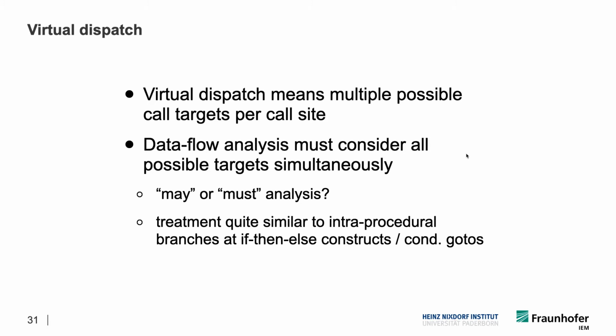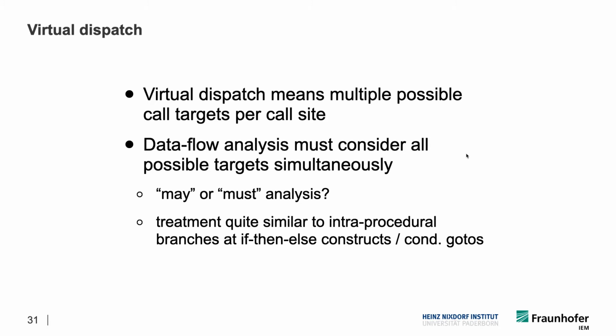You at the very least have to use different merge operators, right? So you might need to use intersection where you previously used union and so on. So this needs some thinking. But in general, the treatment is actually quite similar to the case of intra-procedural branches. So in the intra-procedural case, you can have an if-then-else branch, right?